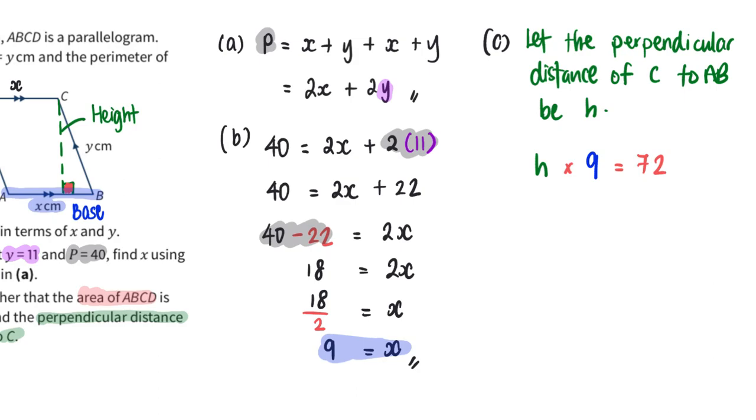That is the area that is given. So I will be able to get H pretty fast. Yeah, 72 divided by 9, 8 cm.